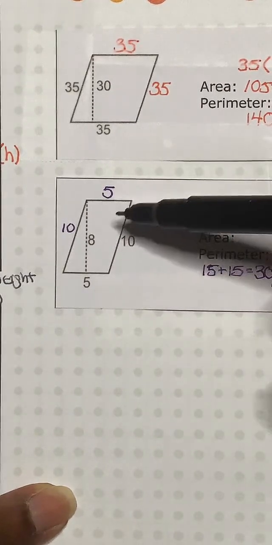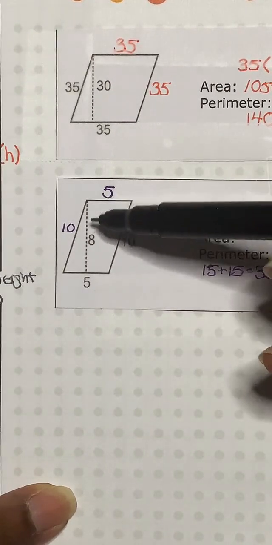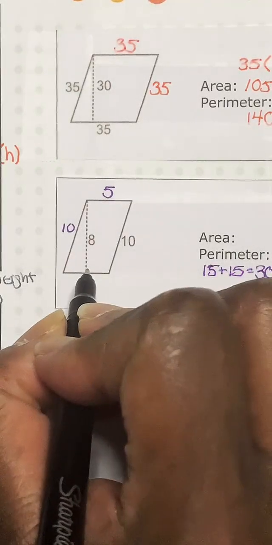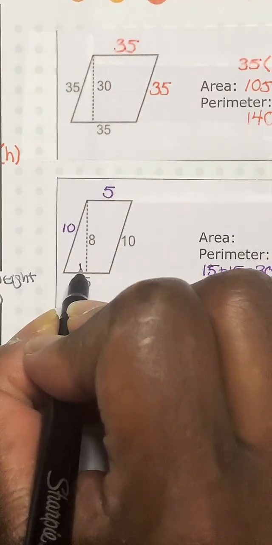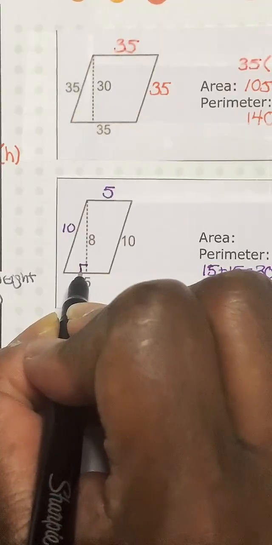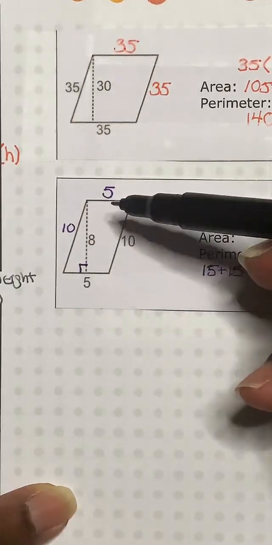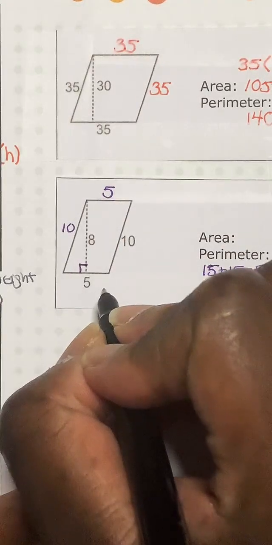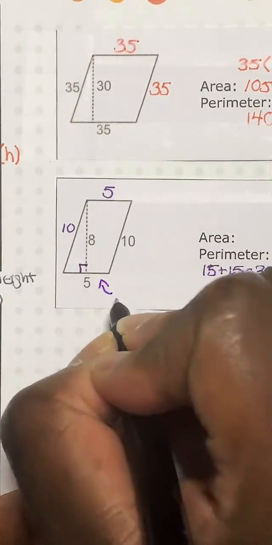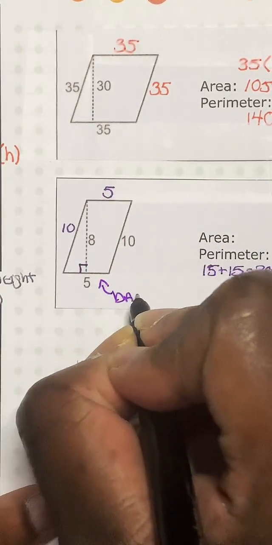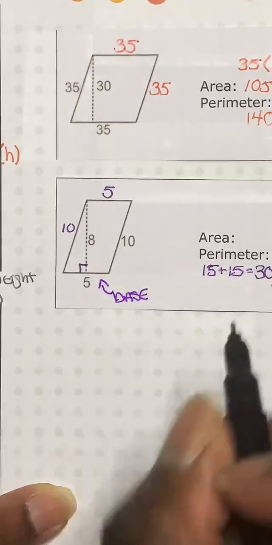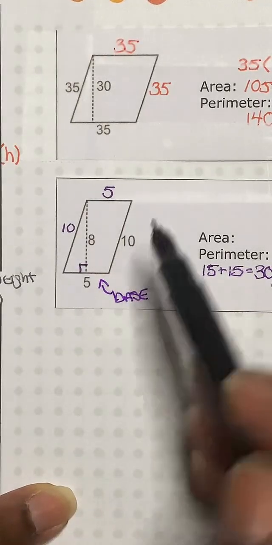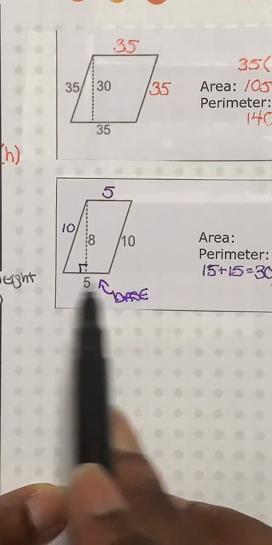When it comes to parallelograms, we have this perpendicular bisector, because that's what it's supposed to be. It always starts from top to bottom. So that means this will be our base. Not the 10, the bottom.